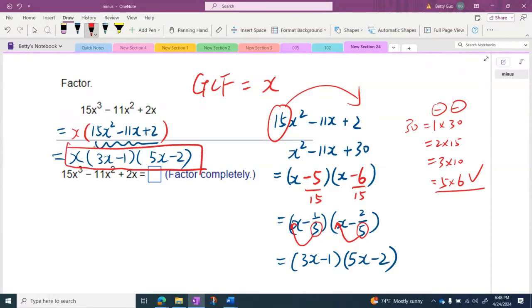Let me tell you, this is challenging, okay? I'm not saying this is easy. This is not easy. That means we would have to practice a lot. Let me enter the answer.